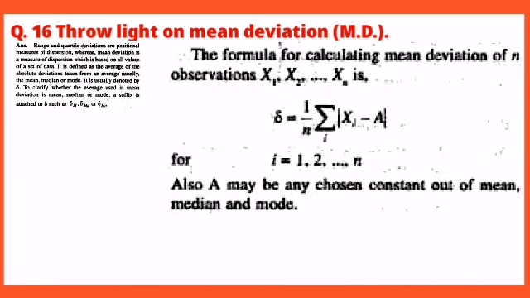The formula for calculating mean deviation of n observations x1, x2, up to xn is sigma equals 1 divided by n sum of absolute of xi minus a, for i equals 1, 2, up to n. Also a may be any chosen constant out of mean, median, and mode.